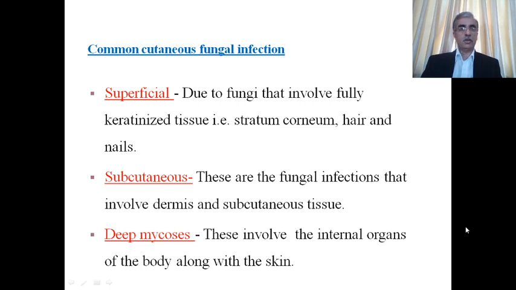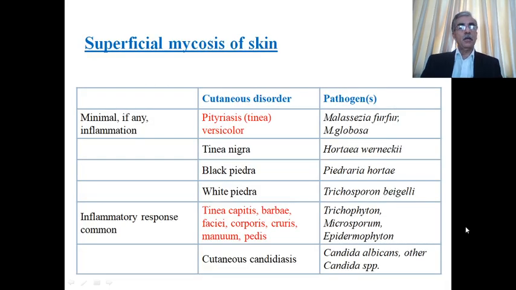is deep mycosis. In superficial mycosis, the cutaneous presentation depends upon the inflammation in the lesions. There are two kinds of inflammatory lesions in the skin because of superficial mycosis. When there is minimal or no inflammation, then it is caused by either pityriasis versicolor, tinea nigra, black piedra, or white piedra.